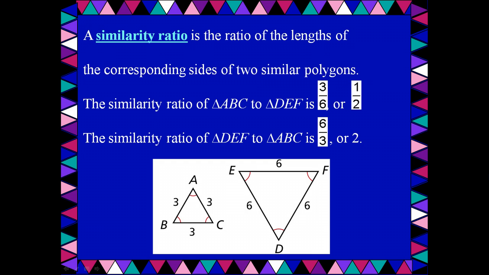ABC comes first, therefore it is the numerator. And DEF is 6, and that is on the bottom or in the denominator. You want to take any fraction that you have when you're making ratios and reduce it down to simplest terms, 1/2. If we compare DEF to ABC, we get 6/3 or 2 because DEF is 2 times the size of ABC.